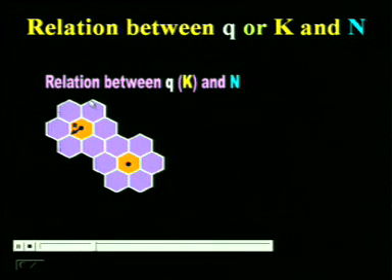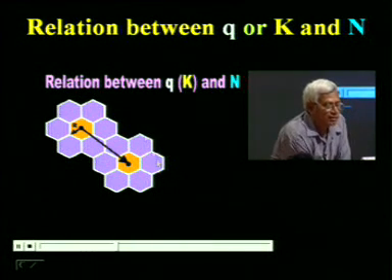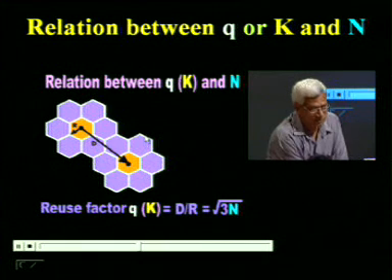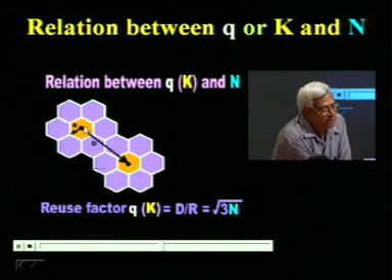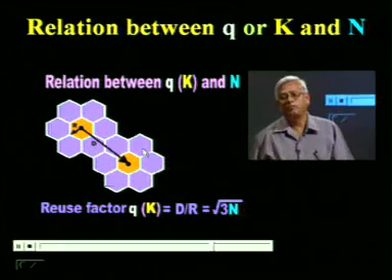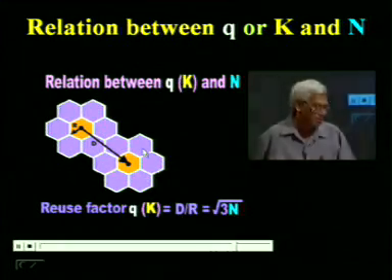These are 2 cell structures, 7 cell structures, and from the center of this cell structure to this one is called the D distance, and it is known as D by R is equal to Q also.